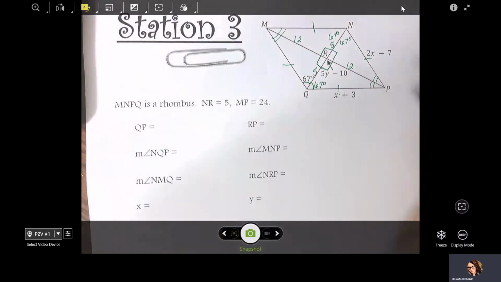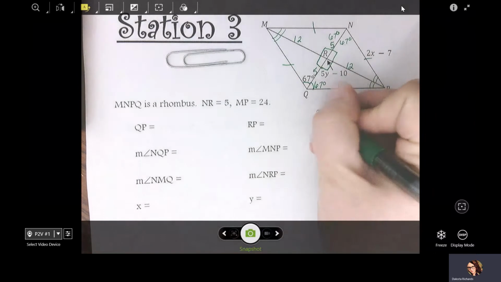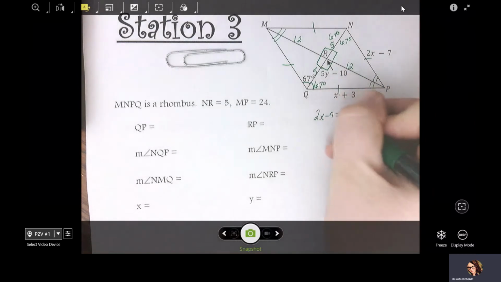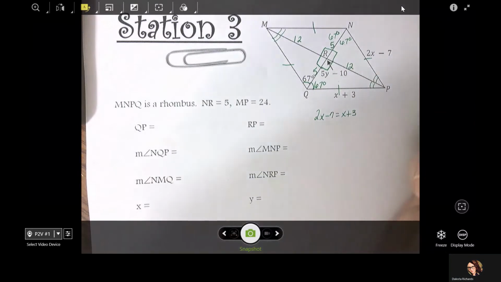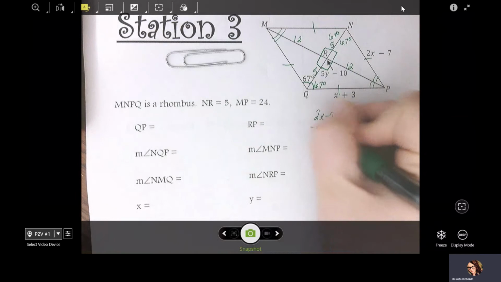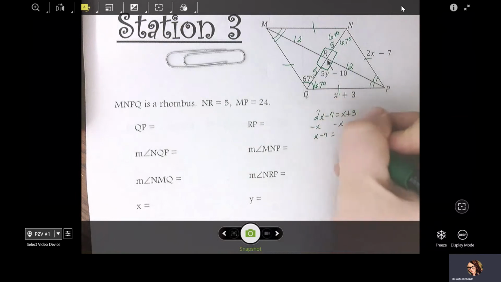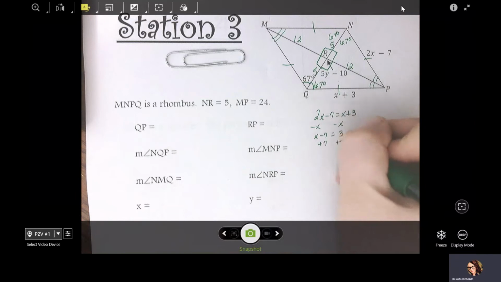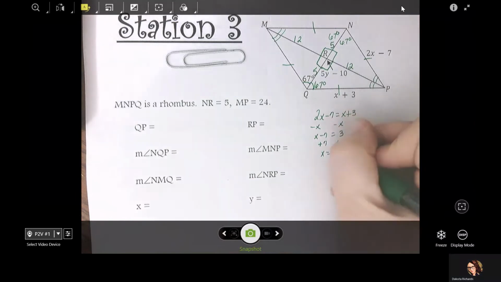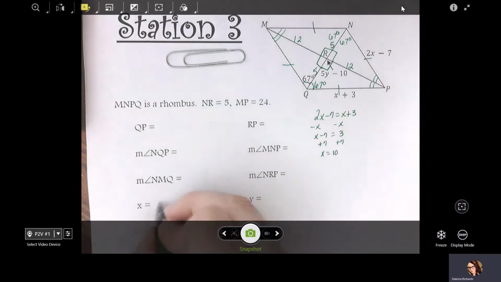How do we find that side? Well, we have to find x first. Since all of these are congruent, you're going to say 2x minus 7 equals x plus 3. I'm going to subtract x on both sides. That gives me x minus 7 equals 3. I'm going to add 7 on both sides to get x equals 10. So we know that x is 10.